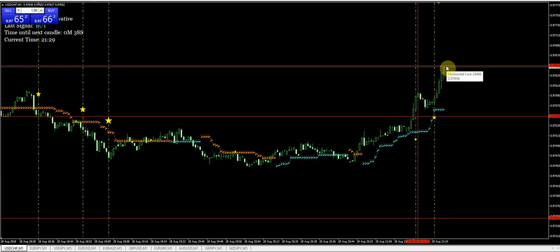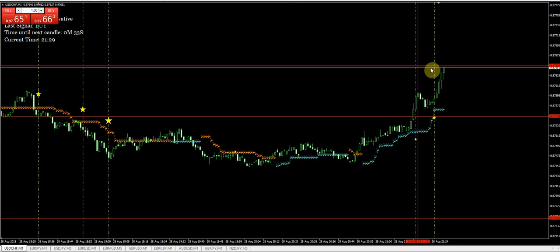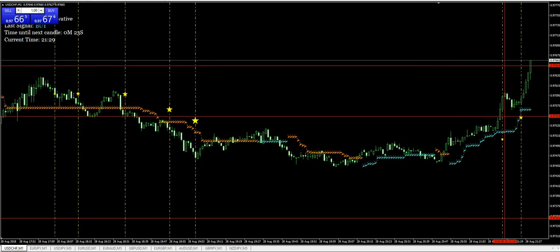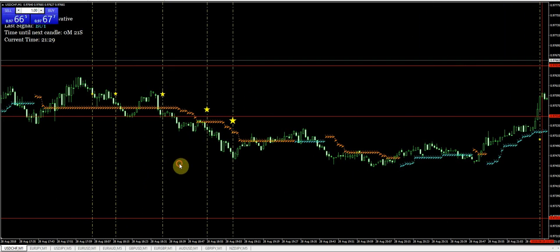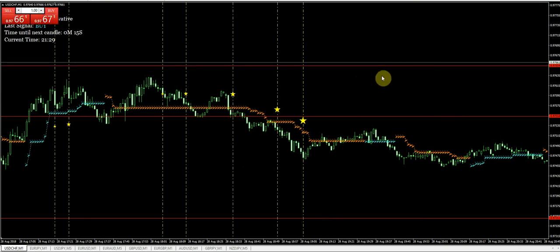I want you guys to let me know in the comments section if you want me to continue taking trades where I just use the stop and take profit that the system sets, or if you want me to start taking profits based on these stars. In other words, we won't always be getting a risk reward ratio of 10 risk for 20 reward.